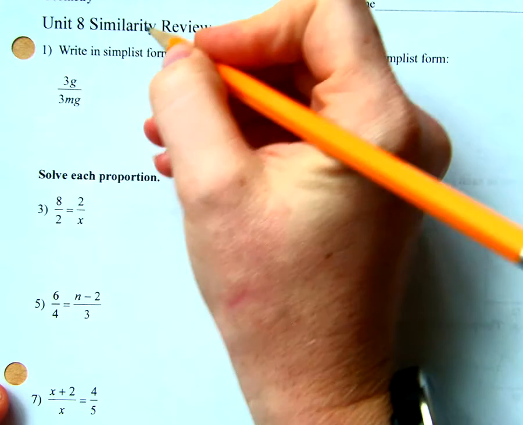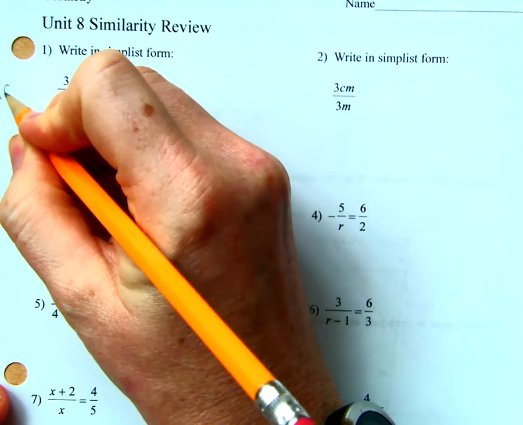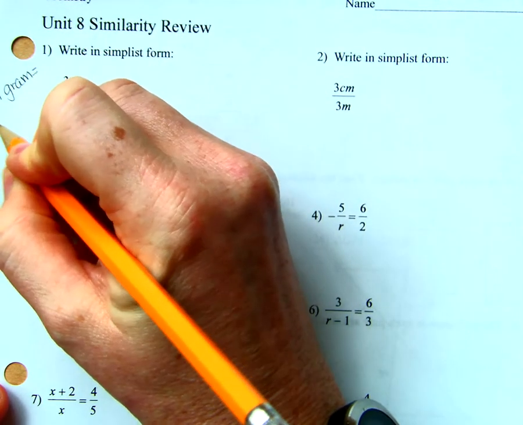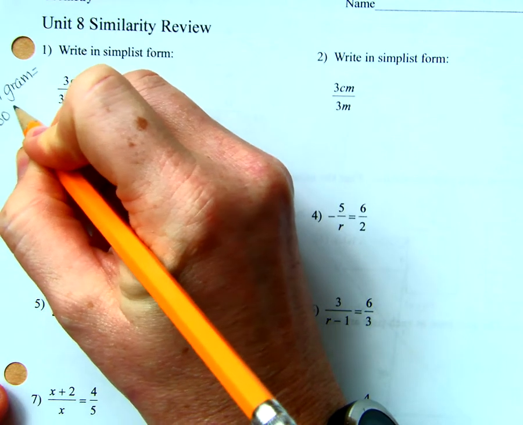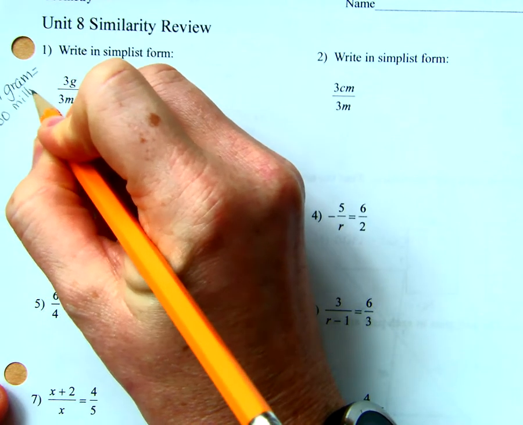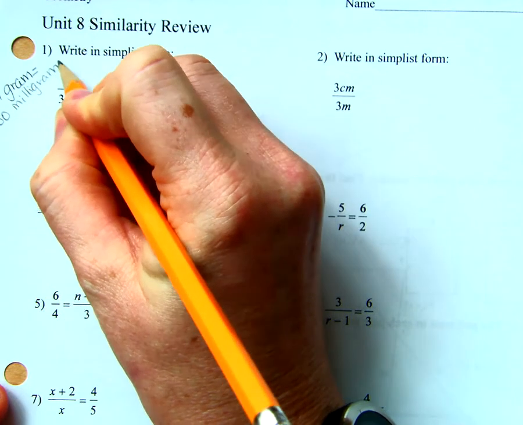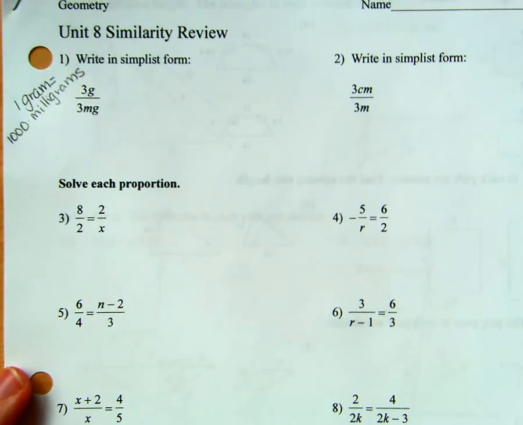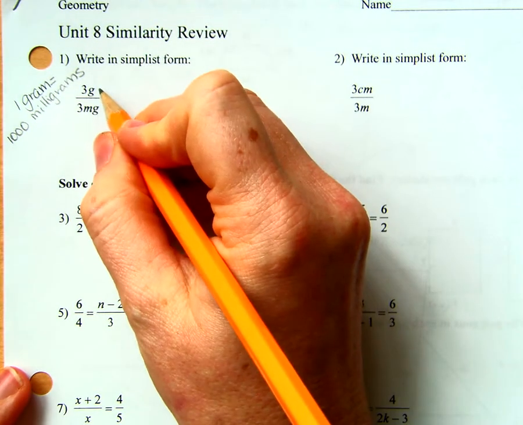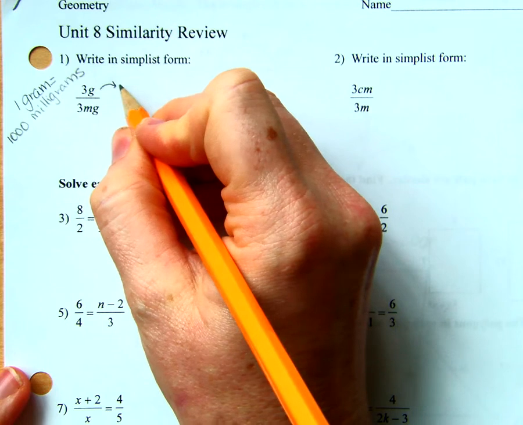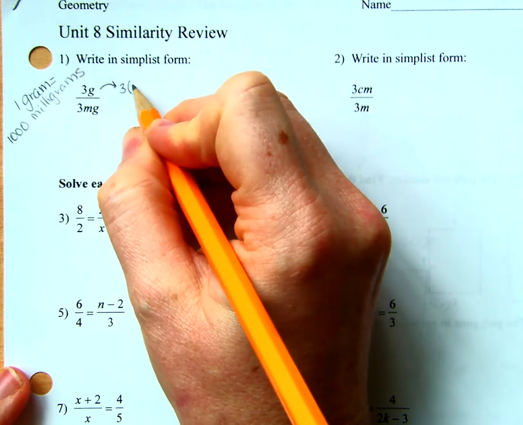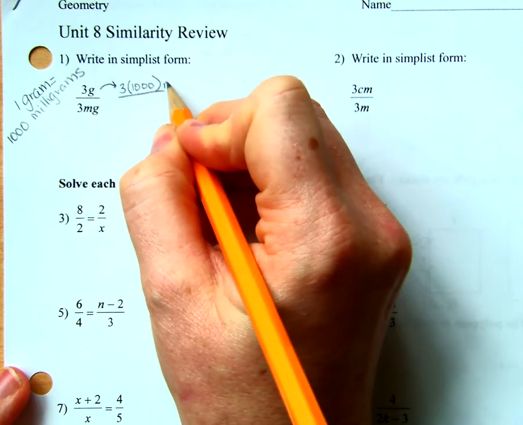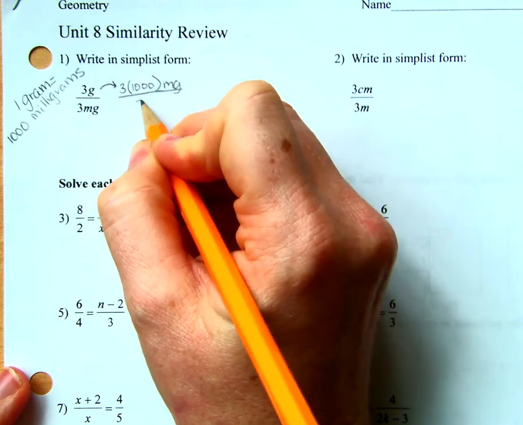But I do know that in 1 gram, there are 1,000 milligrams. And so what I can do is, instead of having 3 grams, I can convert that to 3 times 1,000, and it's going to become milligrams.